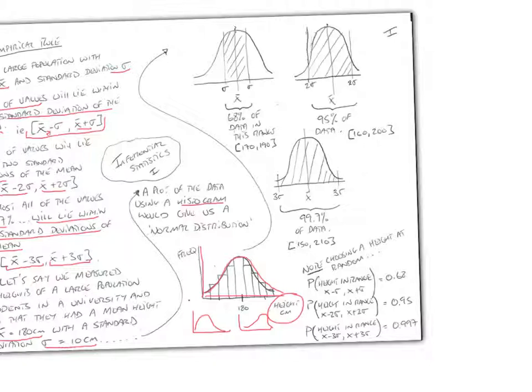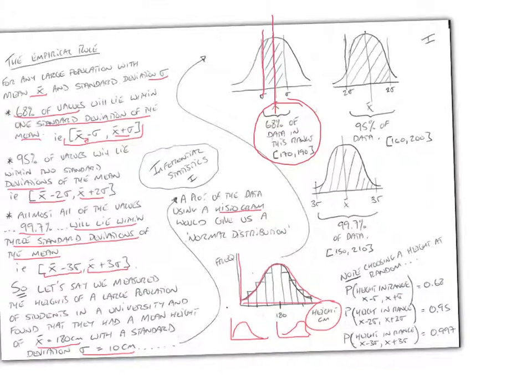And with respect to this data, the empirical rule is simply stating that 68% of the data, of the heights, will be in the range here. If we consider this to be the mean value, which was our 180 centimetres, so that's our 180 centimetres here.